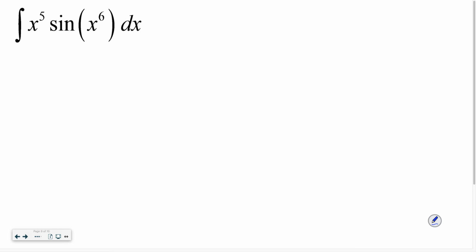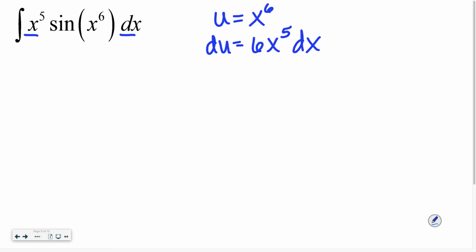Okay, so we could try u equaling x to the 6th. And some of you are looking ahead and seeing, ooh, we have x to the 5th on the outside. That's good news, right? So if du is 6x to the 5th dx, we need to keep in mind that we only have x to the 5th dx in our integral, and we don't want to change the value of our integral.